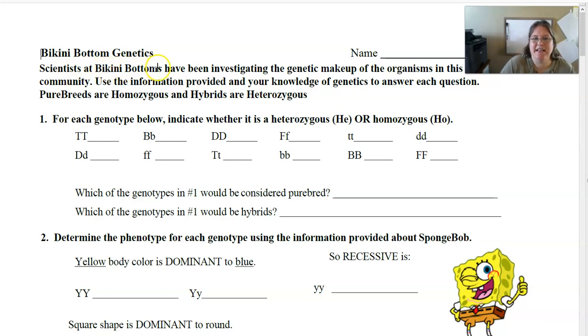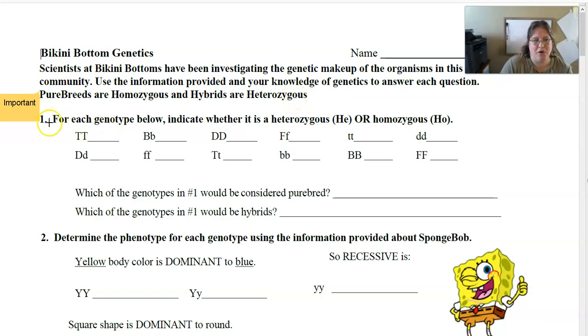So you've got these scientists at Bikini Bottom, investigating the genetic makeup of organisms in the community. They're going to provide information, but right here, if you will look right here, this is important, because we need to understand that pure breeds are homozygous and hybrids are heterozygous.